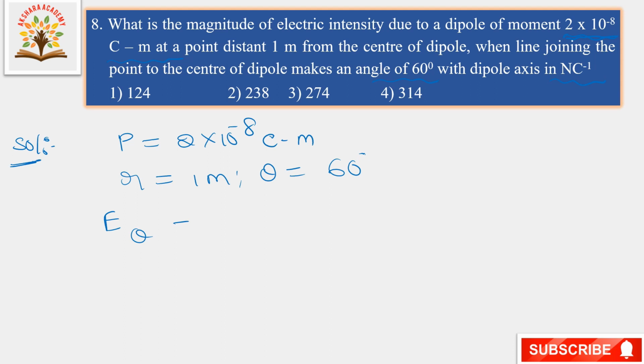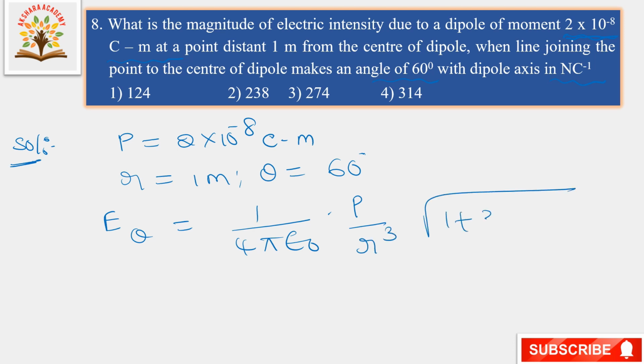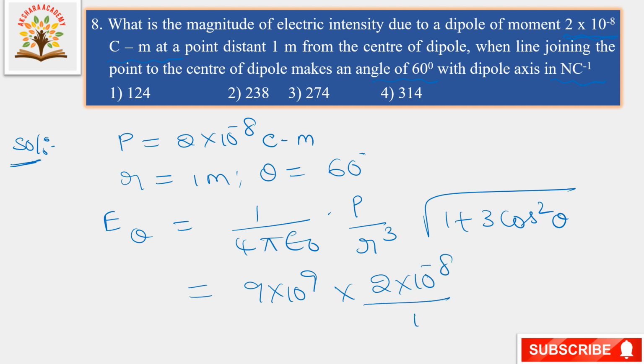E theta is equal to 1 by 4 pi epsilon naught into P by r cube into root of 1 plus 3 cos square theta. Now substituting values, 1 by 4 pi epsilon naught, that is 9 into 10 to the power of 9, into 2 into 10 to the power of minus 8 by 1 cube, into square root of 1 plus 3 cos square 60 degrees.